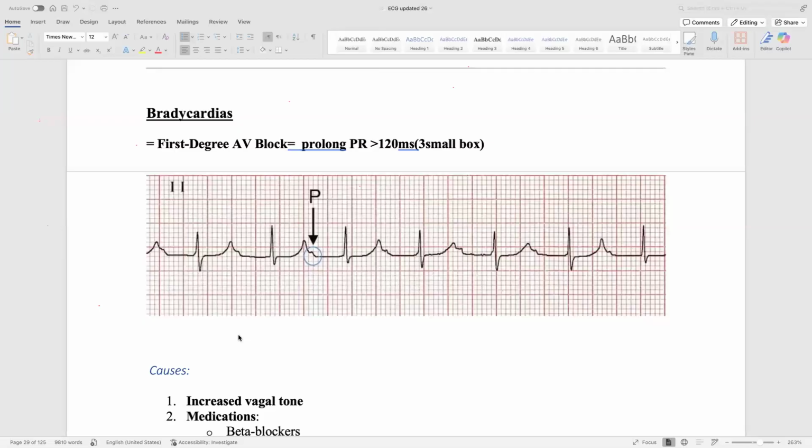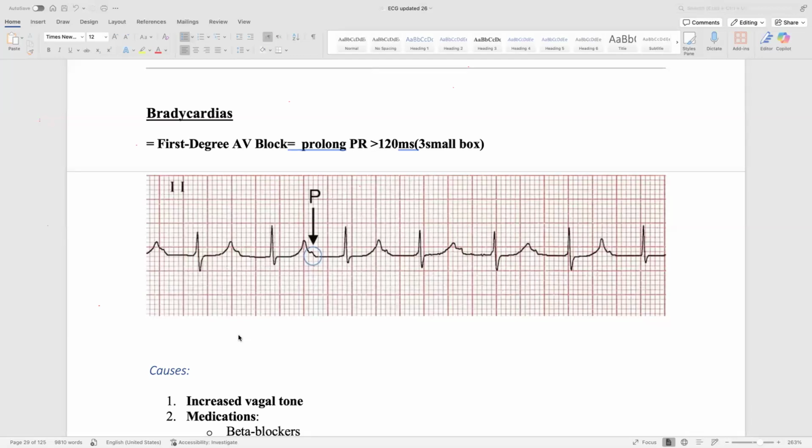If we know there is a problem in the AV node, does it make a difference or not? So we can treat the AV node. We can give something to increase the transmission of the electricity in the AV node. Okay.